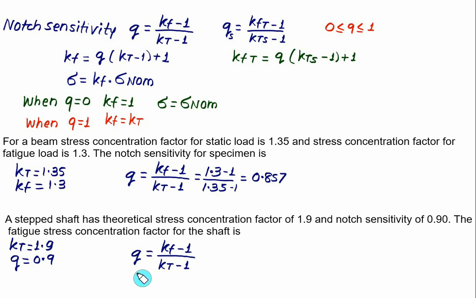So we'll use the same formula for notch sensitivity, which is Kf minus 1 upon Kt minus 1. This time the notch sensitivity is given as 0.9, Kf we have to find out, minus 1, divided by the theoretical stress concentration factor 1.9 minus 1. Solve this, and you will get the fatigue stress concentration factor Kf, which is very close to 1.81.